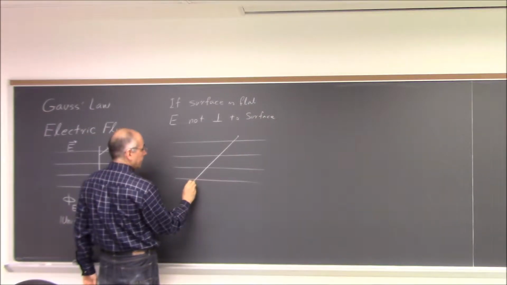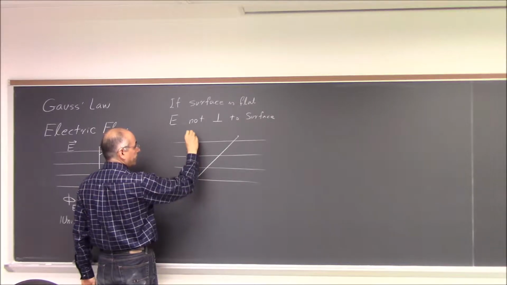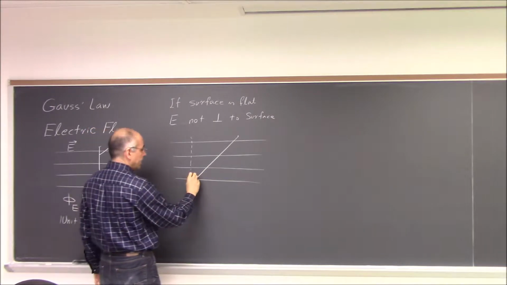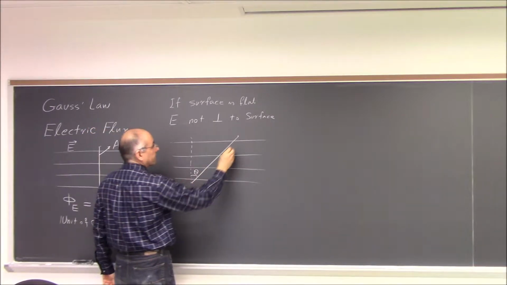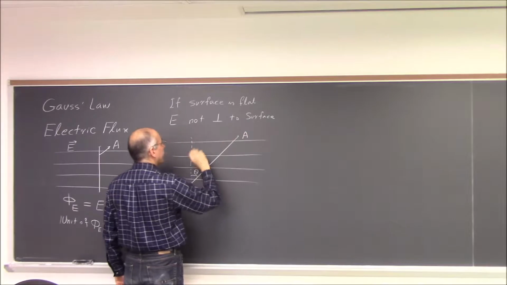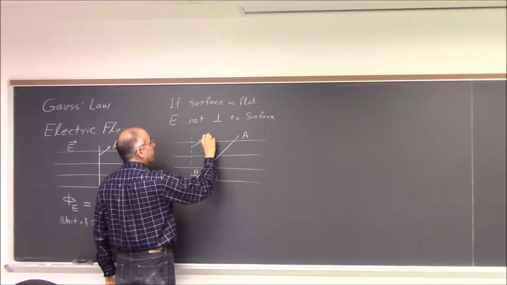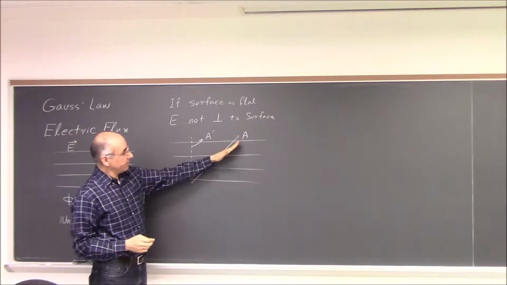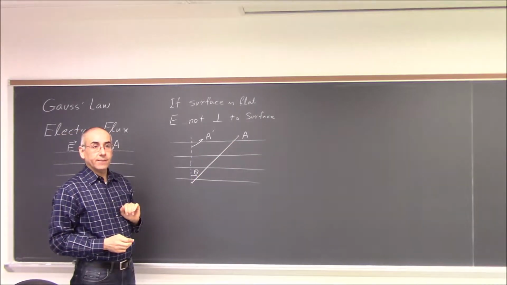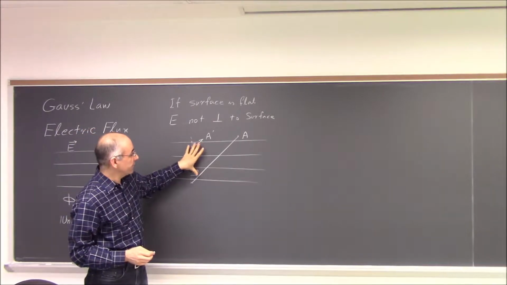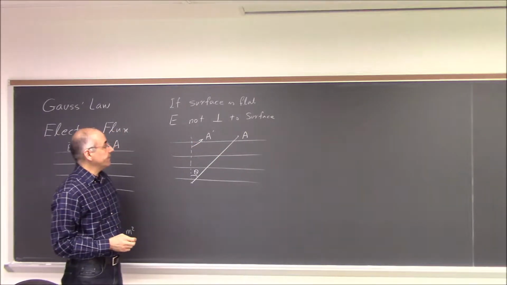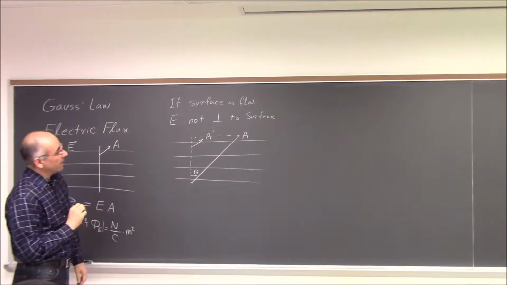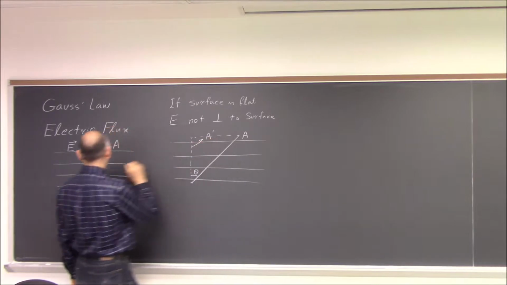You see that if you make a perpendicular plane like that, and there's an angle here, theta, if this area is A, this area is A prime. The flux going through this area, A prime, is the same as the flux going through this area, right? Because all the electric field that goes through this area passes through the other area.